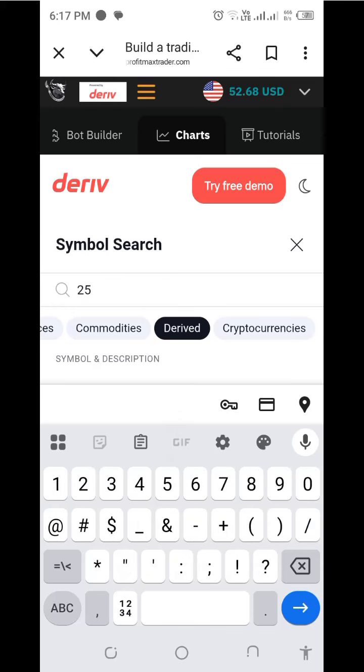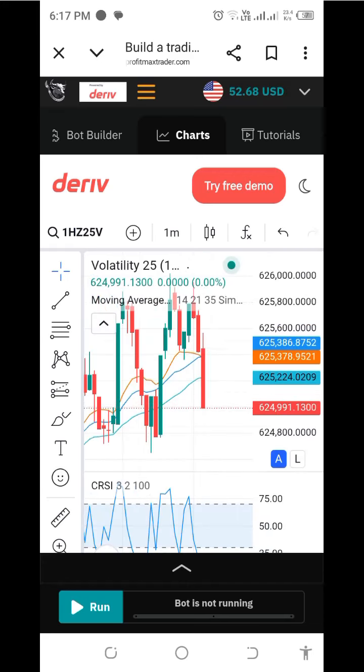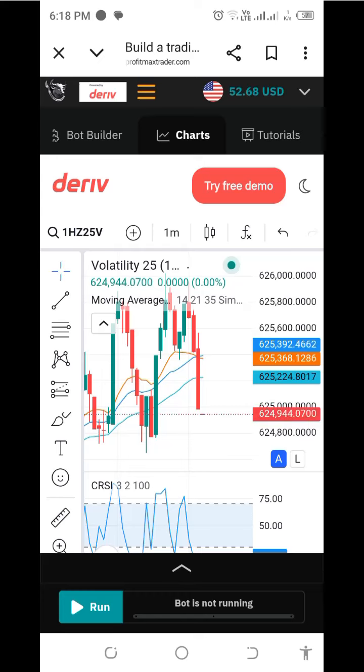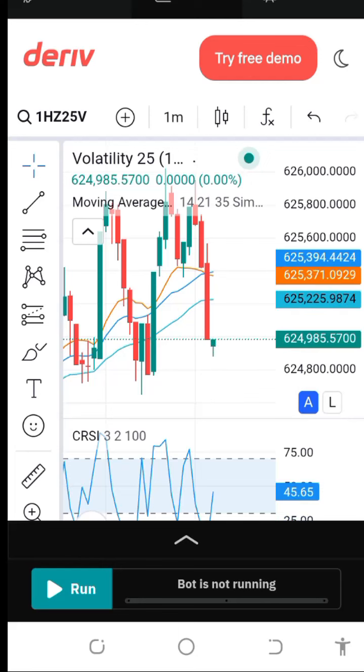You want the three lines to be in sync, and then we look at the momentum using the Corners RSI. Okay, so like here you can see the three lines are clearly showing that this market is going up. As in, if you look at the lines, they are in an upward trend, despite you seeing the candlesticks forming a bearish or downward trend.